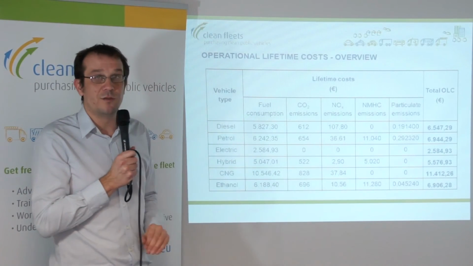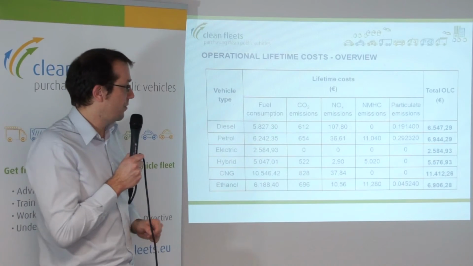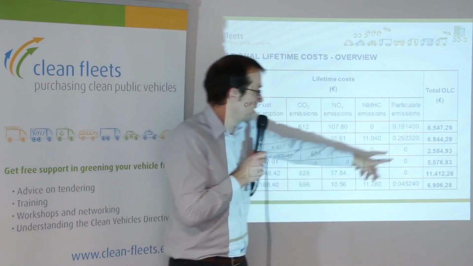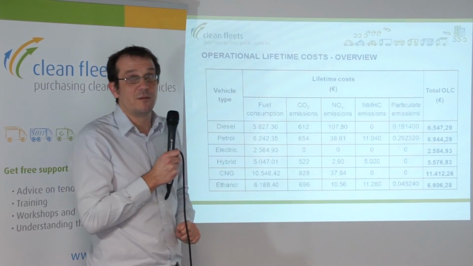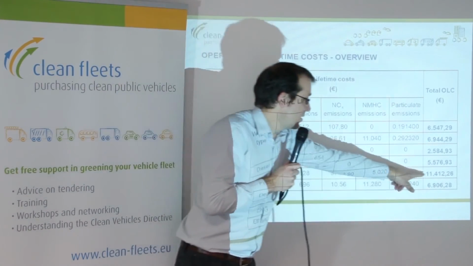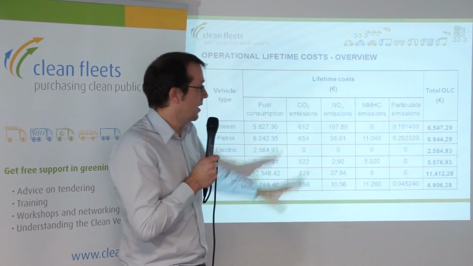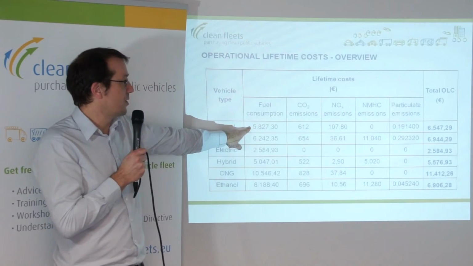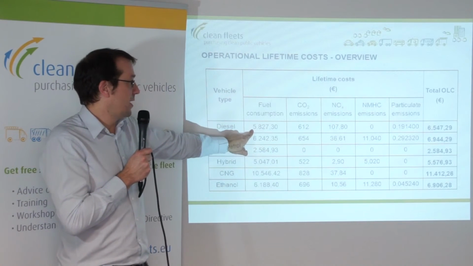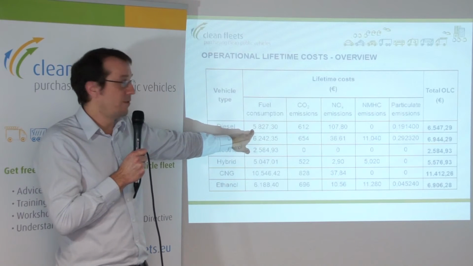Now these are hypothetical figures that we've put in here, but they are also fairly representative. And you will see that the electric vehicles have a very low operational lifetime cost figure. CNG vehicles have a fairly high one, and the others are somewhere in between. And this is because the fuel consumption figure provides by far the biggest element of the final cost.